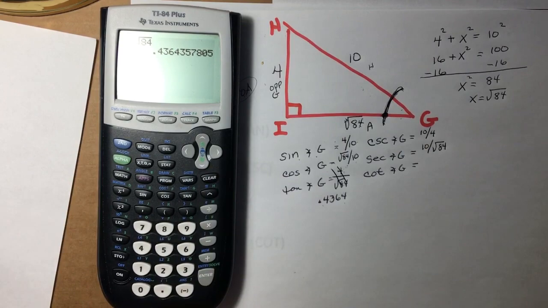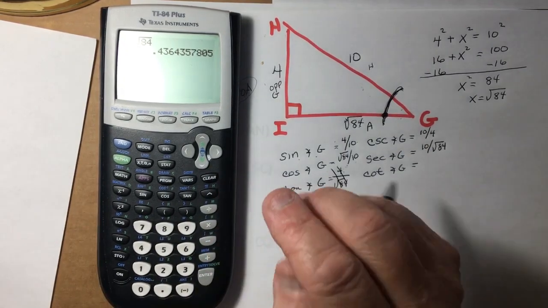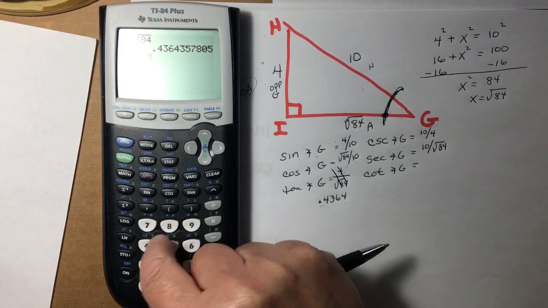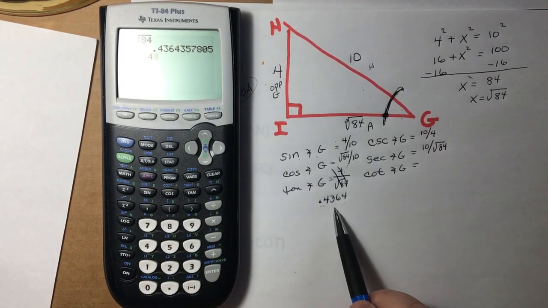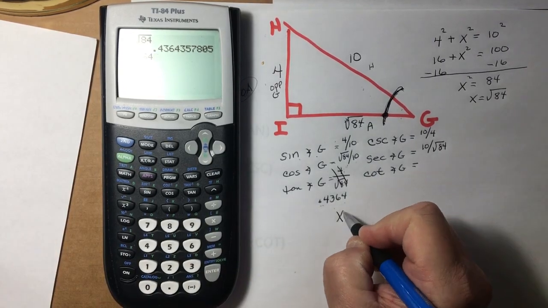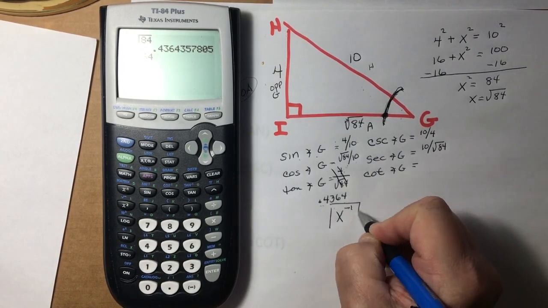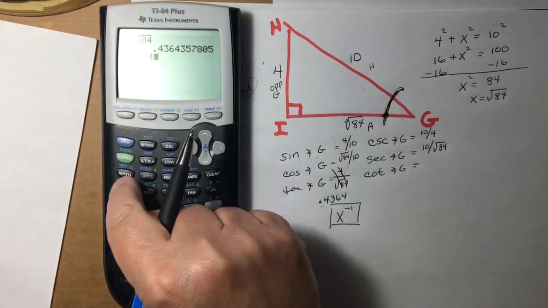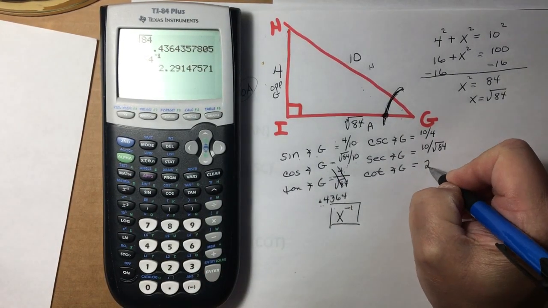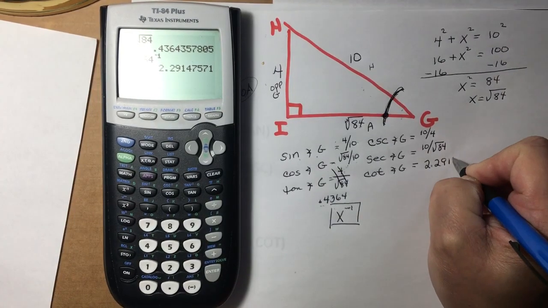Let's go to the calculator. Notice I use 4 decimal places. Let's put in 0.4364, and let's turn it upside down. And there's a key on the calculator that does that for you. It's the x minus 1 key. Just press x minus 1 and enter. 2.2914.